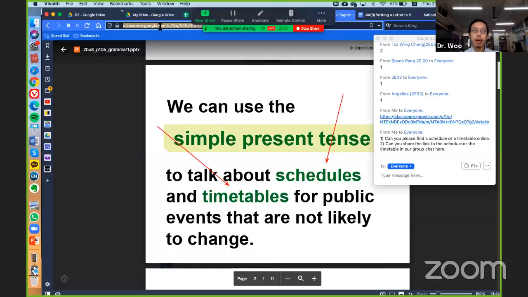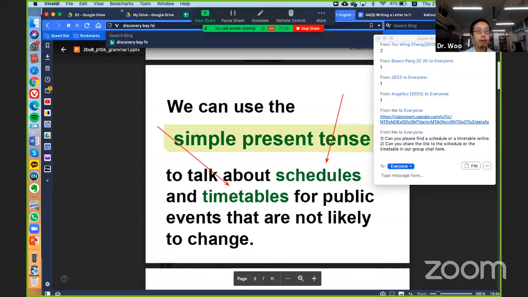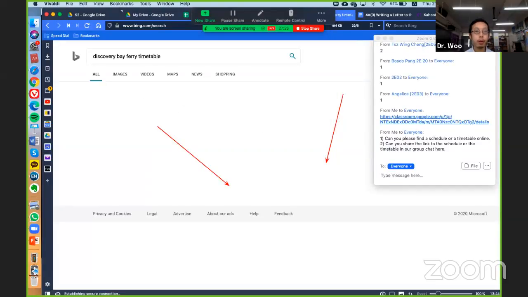Discovery Bay runs a ferry between Central and Discovery Bay. Discovery Bay ferry timetable. So I know this timetable exists, so I'm going to find it.